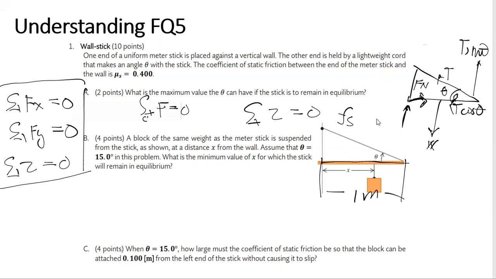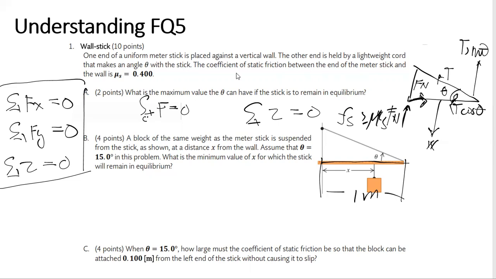So tingnan na si static friction pumapasok. So it prevents motion kaya static. So coefficient of static friction, it's related to your force, if you recall, as mu sub s Fn. So that's how you relate your force.